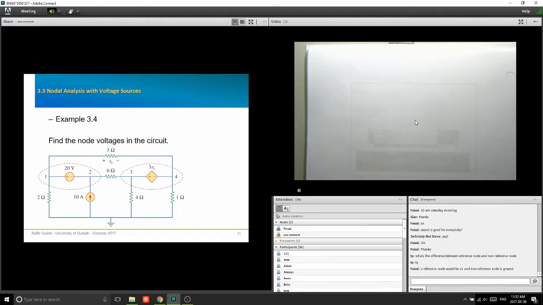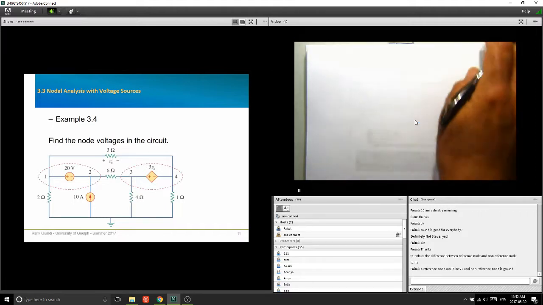So here you have a circuit where you have, see those 1, 2, 3, 4. You have 4 nodes other than your reference node. And then you have 2 supernodes because of the voltage sources, and one of them is a controlled source, 3Vx, and they're giving you your Vx. So let's see how we're going to generate those equations.